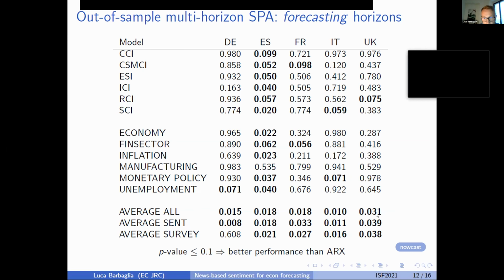Lastly, let me show you the last three lines, where we have essentially an average of all forecasts, done by considering only survey-based measures, only sentiment-based measures, or all the soft indicators together. And you can see that pooling all the forecasts together, you always do better than the ARX benchmark, and this is quite comforting. And if you consider only nowcast horizons here, we have similar results.